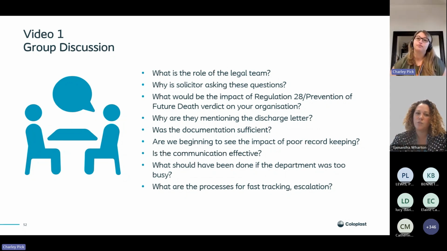So again, it's doing that recording, that reporting to be able to get the next level of support from your senior managers. We've all worked through COVID and we all had to work very differently, but it's that communication and ensuring that things are escalated, that you get the support needed.